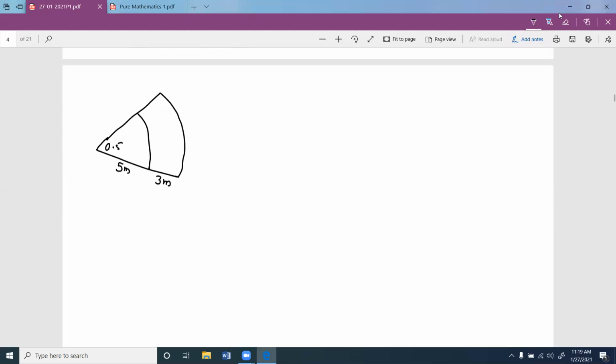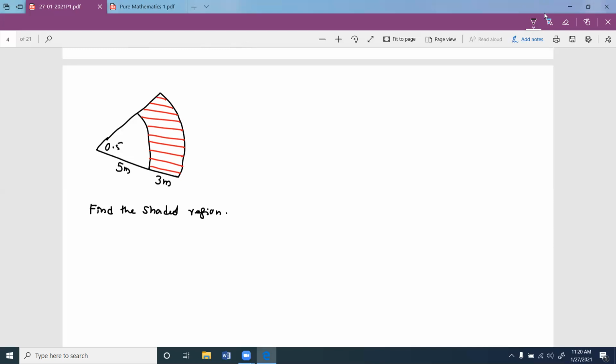Right. They ask you, find the shaded region. Find the shaded region, right?